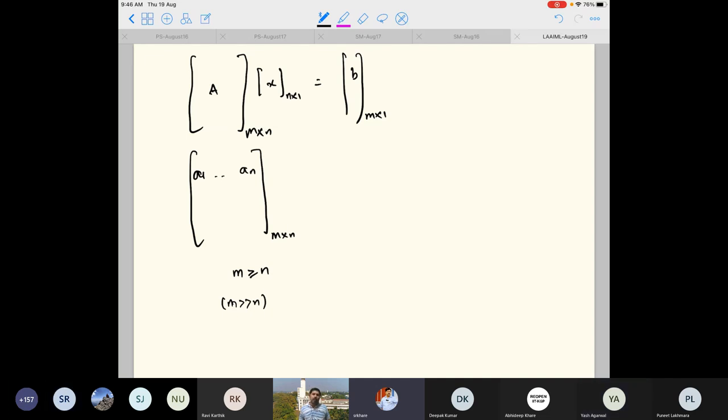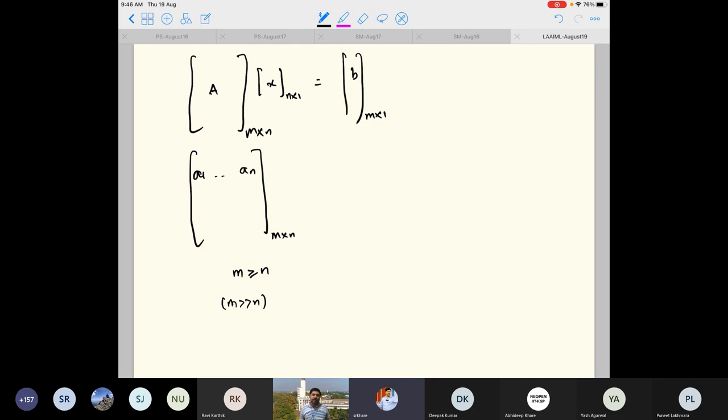So now you understand, given a matrix, you see the columns as a collection of vectors in the space Rm. The maximum subspace of Rm that you can cover is the n dimensional subspace. If n is bigger than m, then the maximum you can go is up to Rm, obviously.